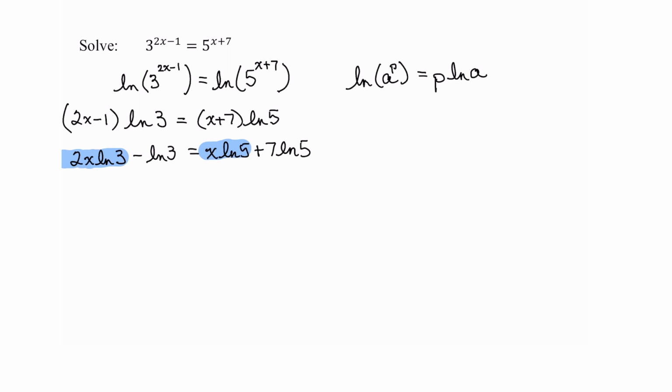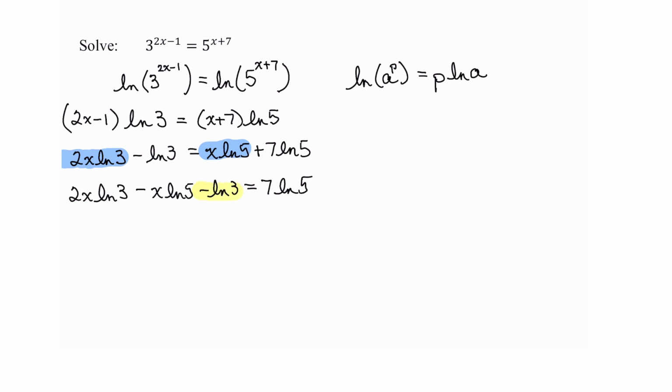Let's go ahead and subtract x times the natural log of 5 from both sides. So I'll have 2x natural log of 3 minus x natural log of 5, and minus that natural log of 3 is still over there, is equal to 7 times the natural log of 5. Now next we want all the terms without the variable on the opposite side.